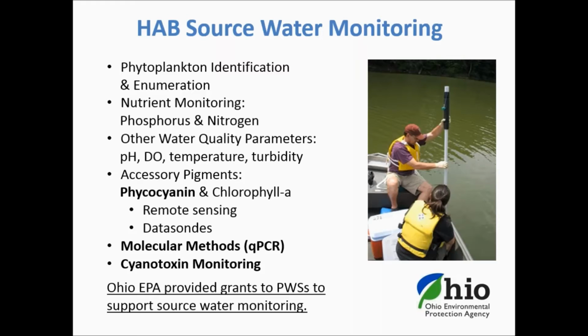But today I'm going to focus on phycocyanin, which Nick already described, and molecular methods that ID cyanotoxin production genes, and finally a little on cyanotoxin monitoring. Ohio EPA provides up to $30,000 per public water system for equipment and training to help support additional source water monitoring. Next slide.